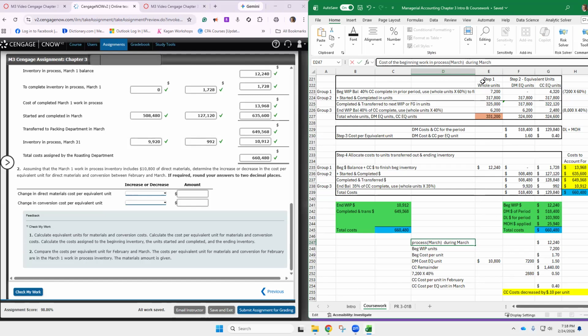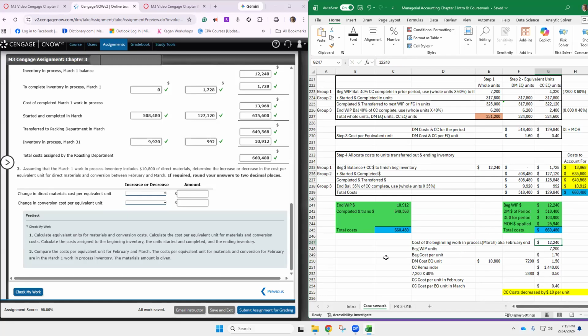So now let me put cost of the beginning work in process March, also known as end of February. Yep, February end. Okay, so there we have it. So you don't want to use this inventory amount. You want to use this one. So that's what I did.